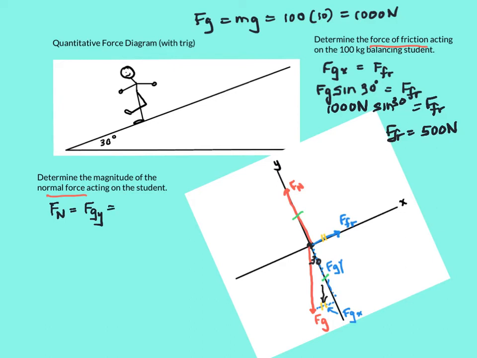This is going to be the force of gravity times the cosine of 30, because when we look at 30 degrees, this now is the adjacent. We know the force of gravity again is 1,000. So cosine of 30, this comes out to be 866 newtons. So we found the force of friction and the normal force really just by knowing an angle and the mass of our balancing student.